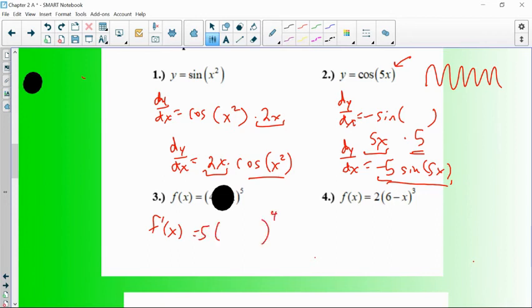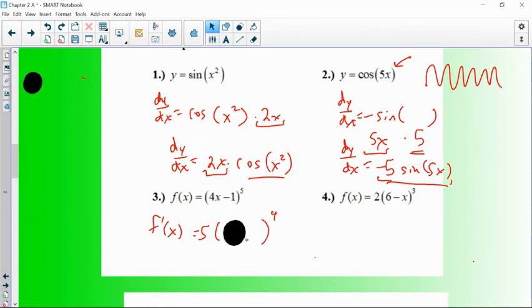We decrease it by 1. So now what was that thing? That goes here. We don't want to change the identity of it. It's 4x minus 1. We can't do a derivative inside the parentheses. We must then do chain rule derivative outside. So that's where that 4 comes from. It's the derivative of the inner function.